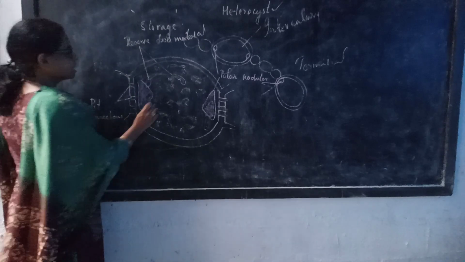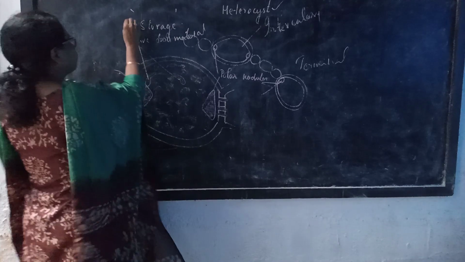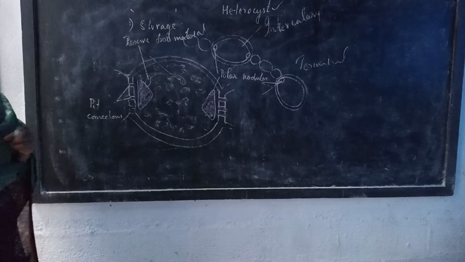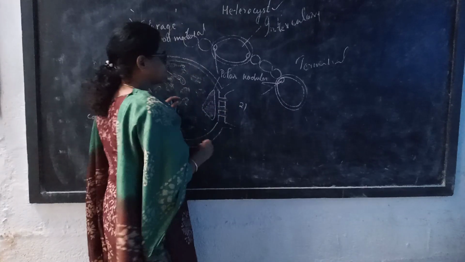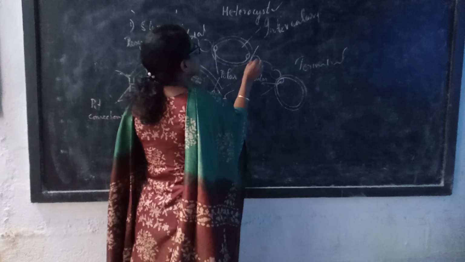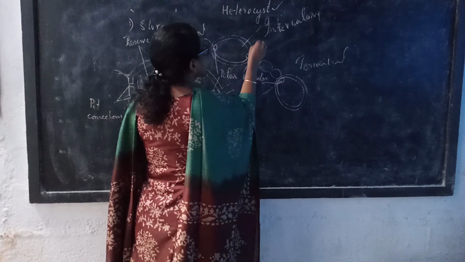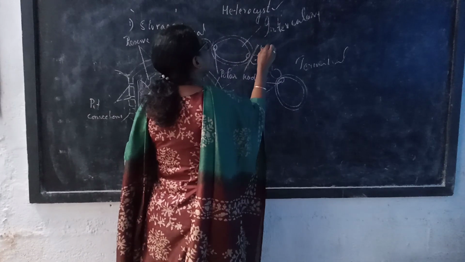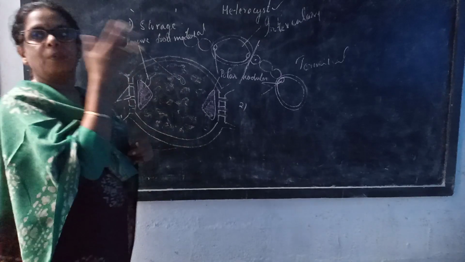And this heterocyst is concerned with so many special functions. First of all, it is capable of storing plenty of food material. Now another important function: the connection between the vegetative cell and heterocyst is very weak. So at this region the trichome will undergo breaking.